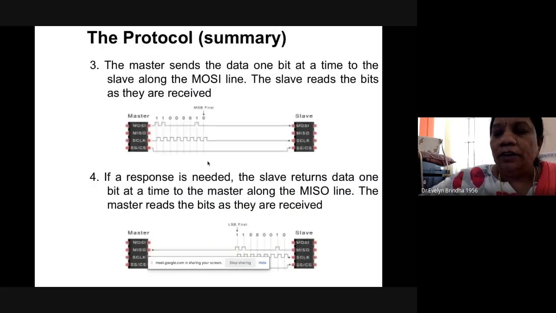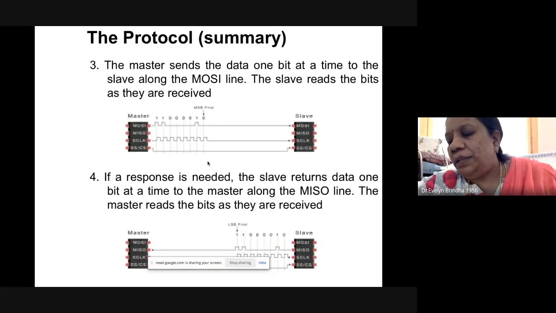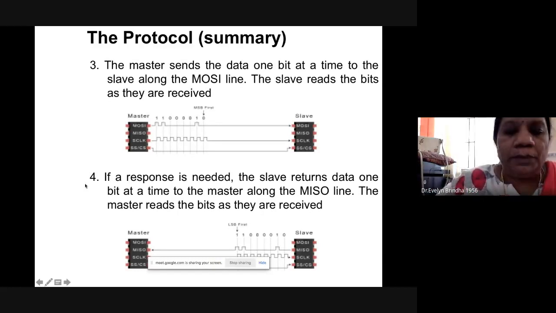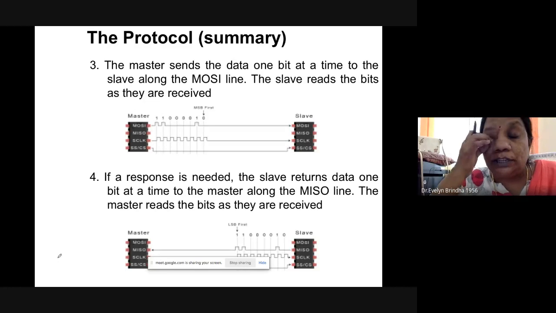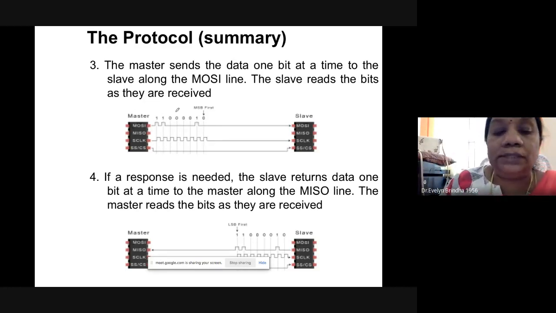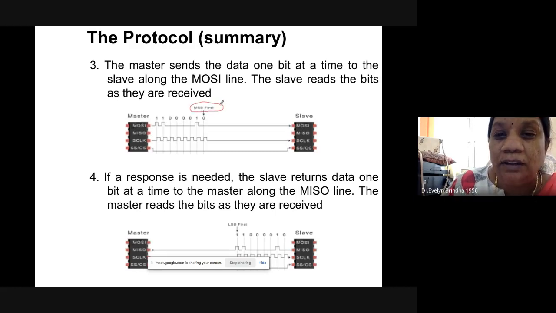When you transmit the data, please remember MSB will have to be sent out first. In case of UART, we saw LSB was sent out first. But in case of SPI, MSB will have to be sent out first. So MSB first. This is very, very important in SPI. If the master has to send out something, the master output, slave input line will be active.